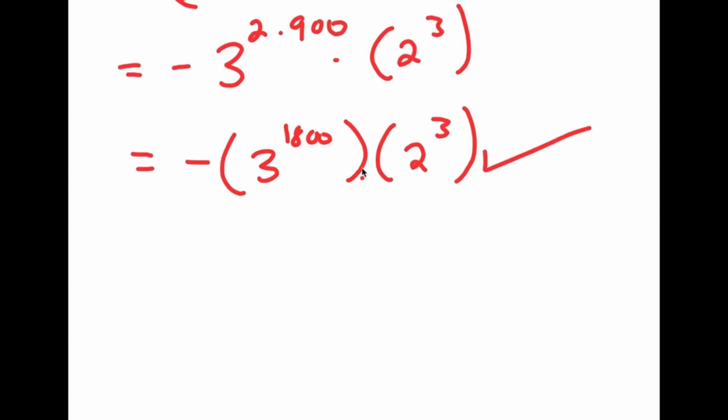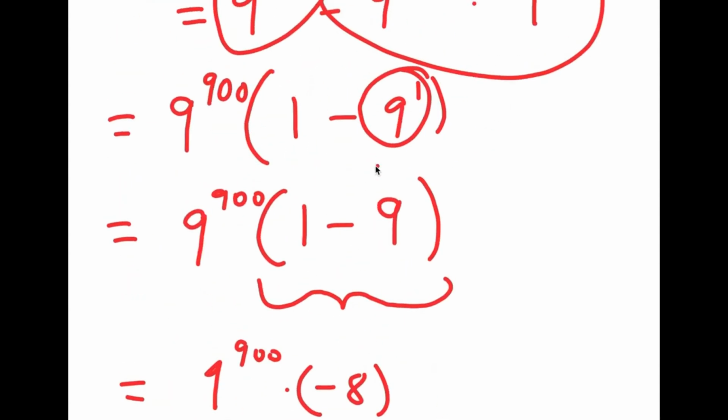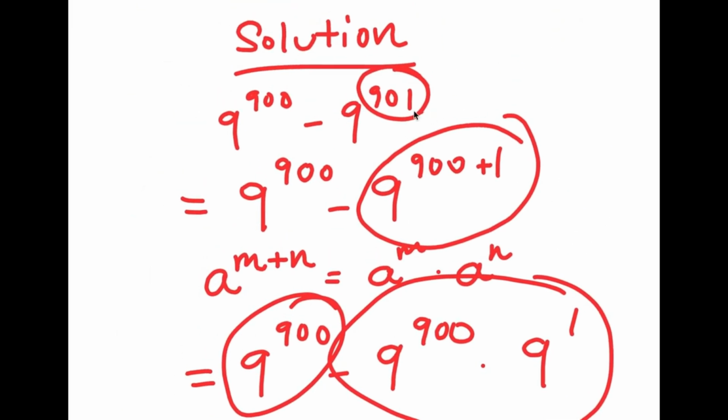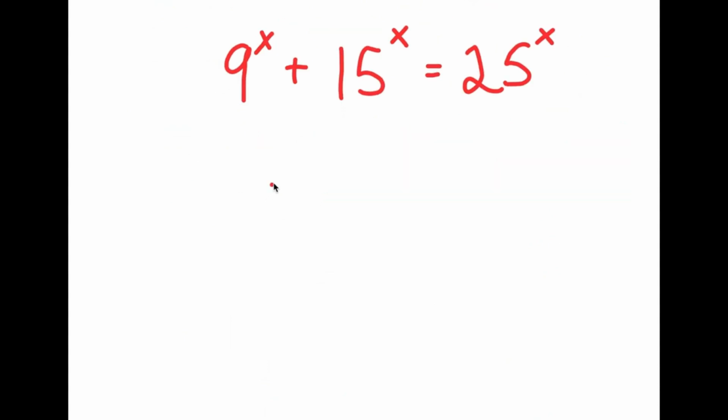If you want, you can try putting in 3 to the power of 1800, but that number is way too big for any calculator to actually be able to output. So this is the simplest form that we can put our answer in. So that is our answer to 9 to the power of 900 minus 9 to the power of 901, and see how big of a difference it is.